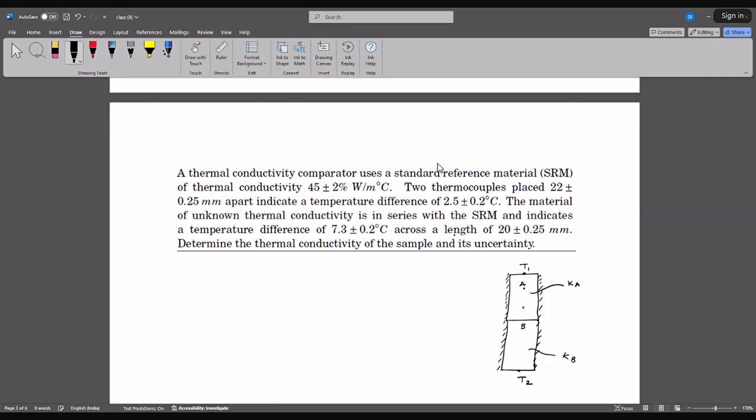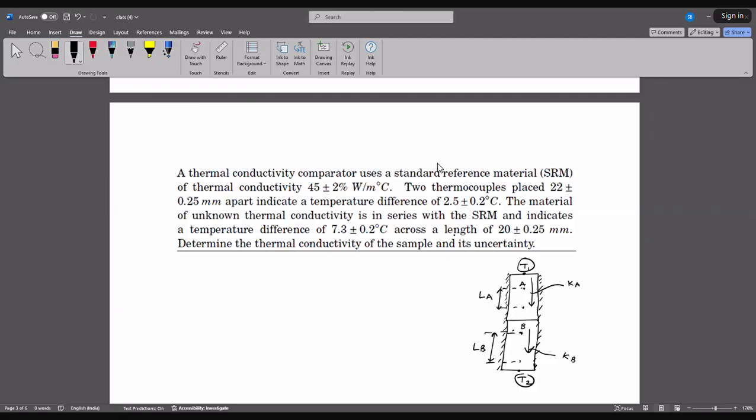We measure the temperature difference between two points located at a distance of La in material A, and similarly two points in material B. Because of this temperature difference, whatever heat goes through material A, the same heat goes through material B, because the sides are insulated.